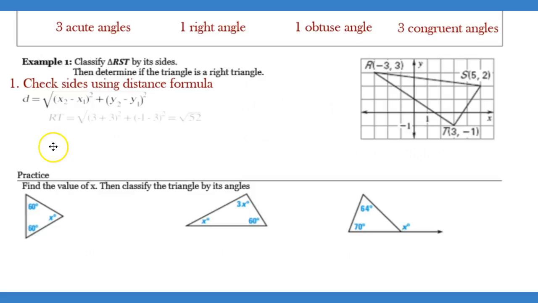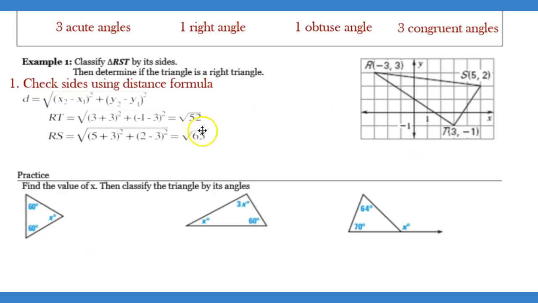Now, starting with RT, they gave us these 2 points, so I can find the difference between my x values, so 3 minus negative 3, and the difference between our y values, so negative 1 minus 3. Take the square root of that, and it comes to the square root of 52.